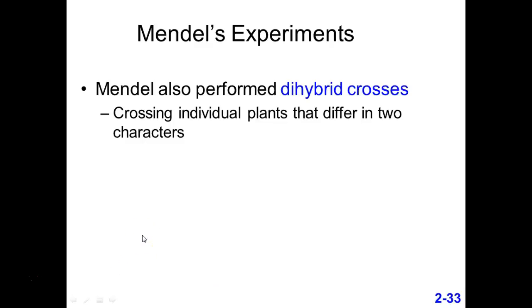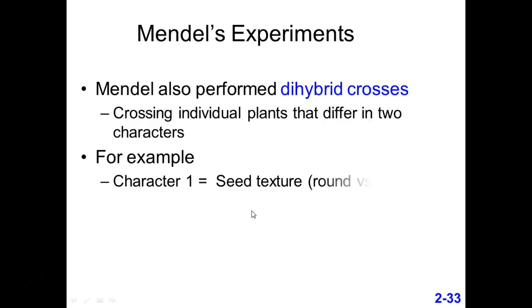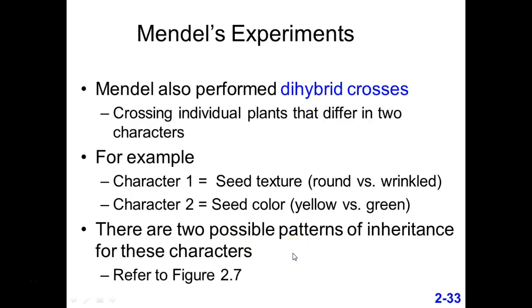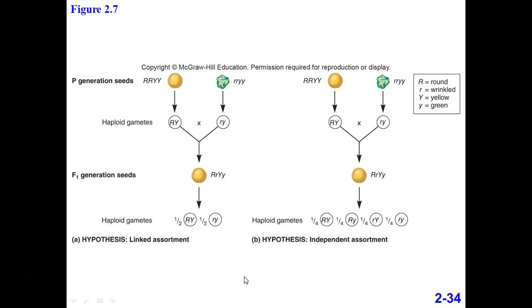So dihybrid, di, of course, meaning two crosses. Looking at two different examples. So say round versus wrinkled seed texture or yellow versus green. So when they take the two pure breeding strains, right, and they produce the heterozygous first generation for both traits, you can hypothesize that you could have this outcome of gametes or this outcome.